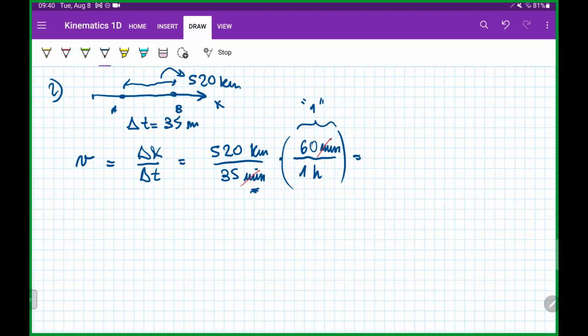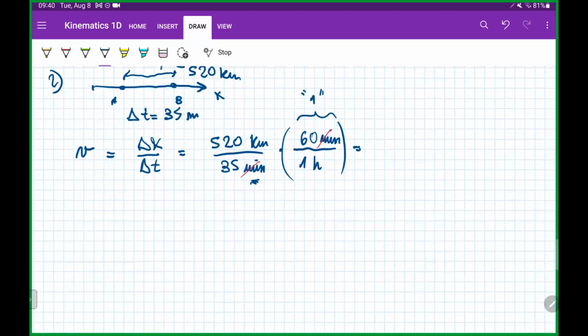So let's say we get rid of those minutes there, and that's going to give us 891. Please, guys, check. Of course the answer is there, but sometimes you can mess up the calculations with the calculator, or mess up some numbers. So please check while we are doing the problems. That's 891.432, if I got it right, kilometers per hour.